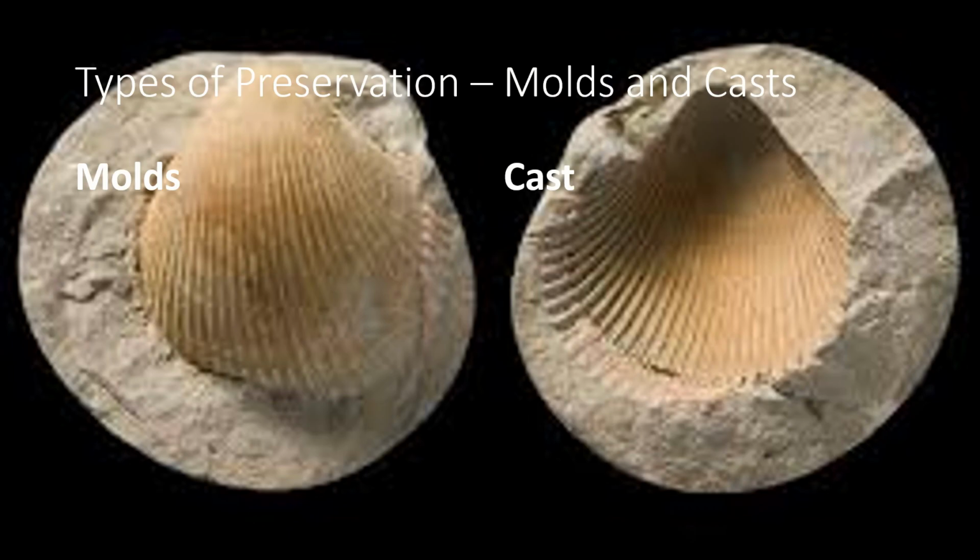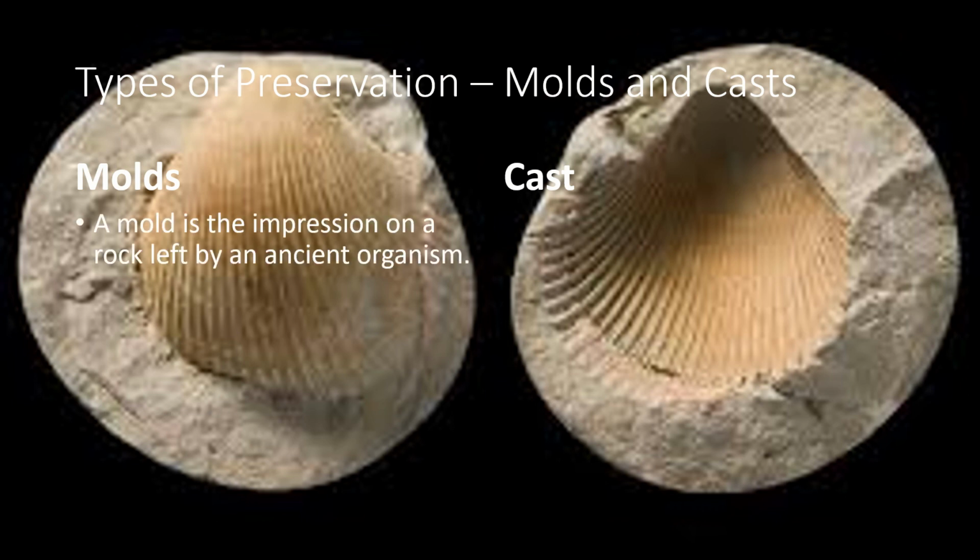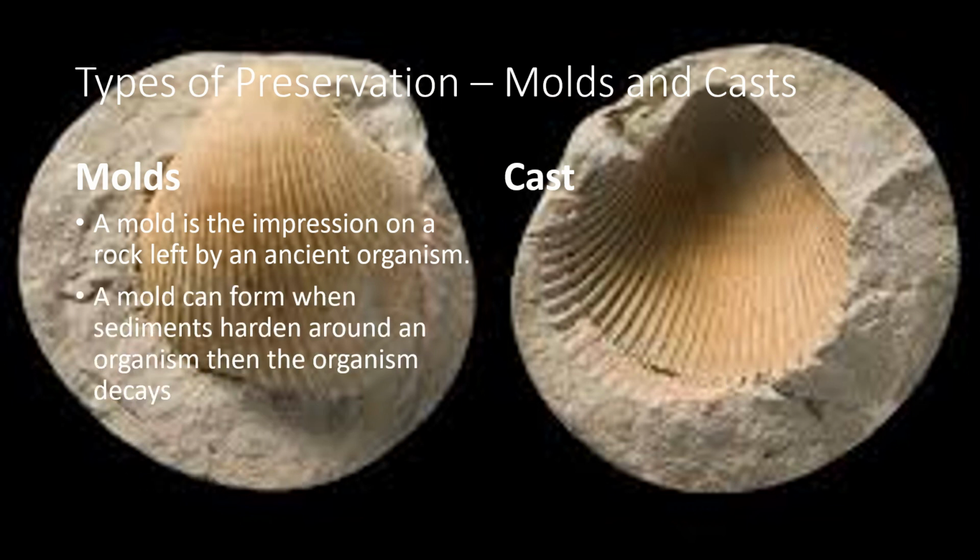Another type of preservation is molds and casts, which are very closely related. A mold is the impression left on a rock by an ancient organism. Here we have a mold of this seashell. It's an impression pressed into this rock.